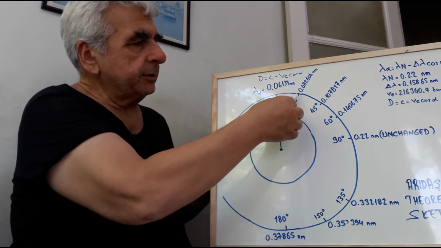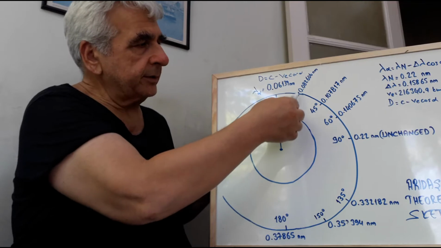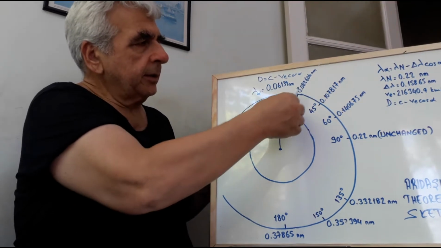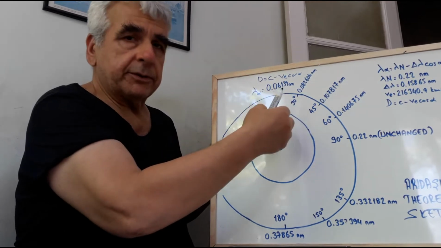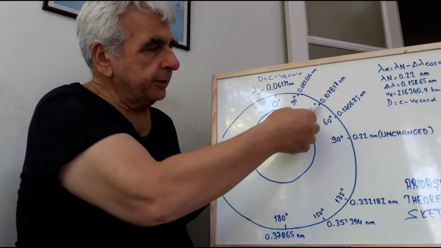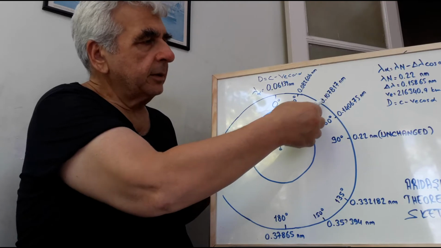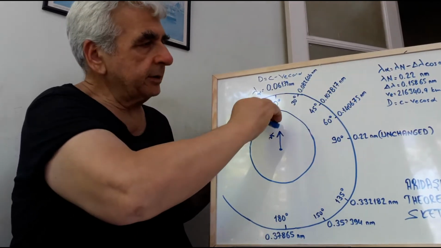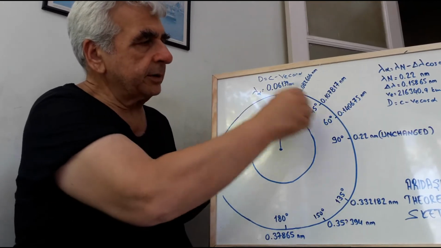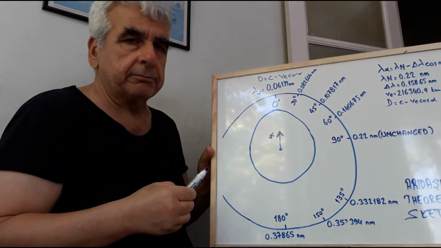At this angle, wave velocity and wavelength are different and wave energy is different. At 45 degrees, wave velocity and wavelength are different, and this is changing relative to the angle.